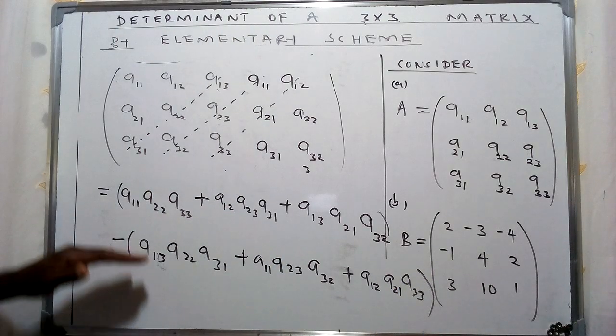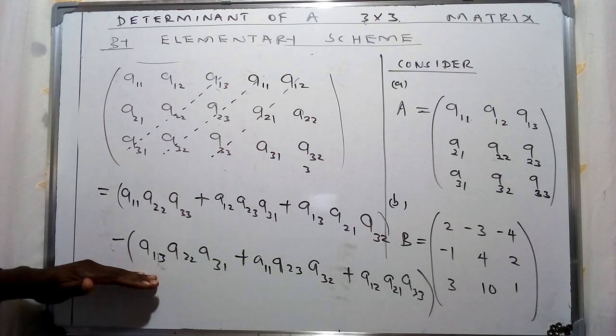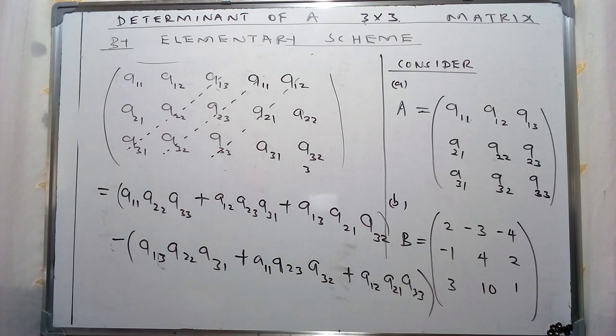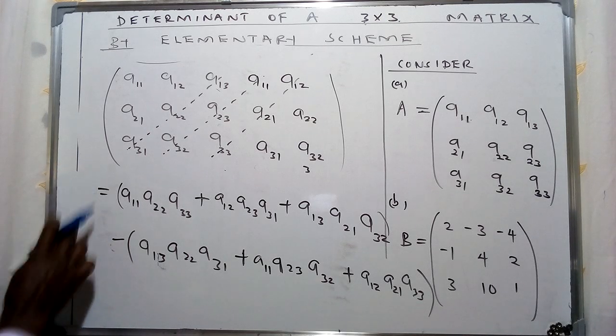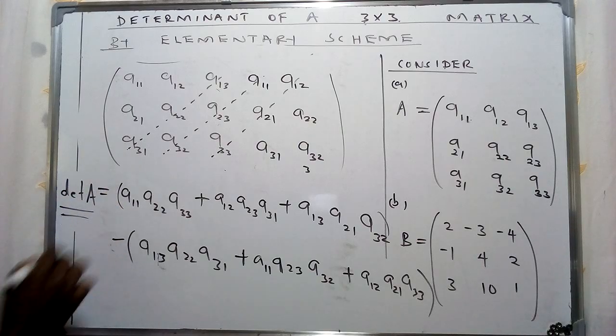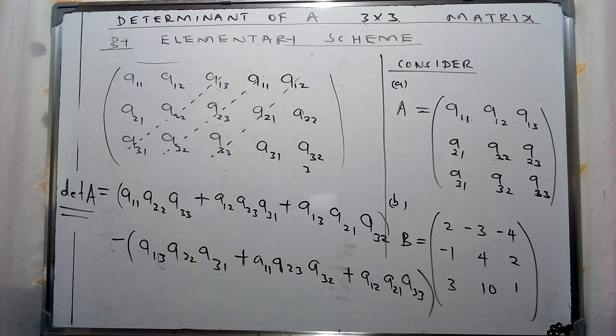So we're going to see that the difference between the sum of this specific product and minus the sum of the second set of products for the two diagonals is going to be giving us a particular value. And if we monitor this value, we're going to see that it is basically an evaluation of the determinant of this specific matrix which we're going to be having as A.